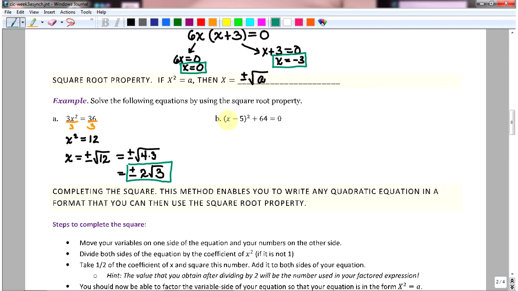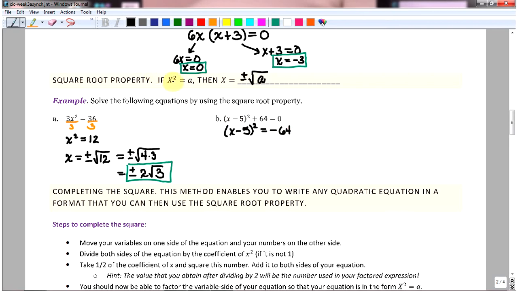Okay, going on to part B. We're going to be able to use the square root property with this expression as well because we have something squared. However, the thing that's being squared needs to be isolated on one side of the equation. So my first step is going to be to subtract over the 64. So we have x minus 5 squared equal to negative 64.